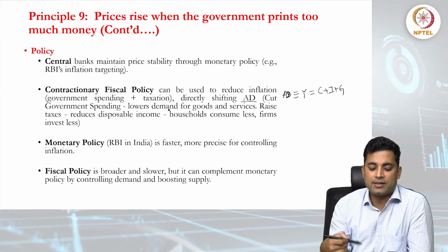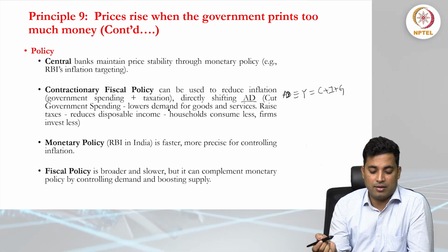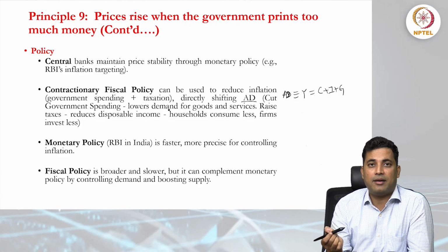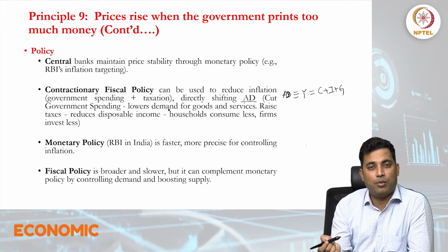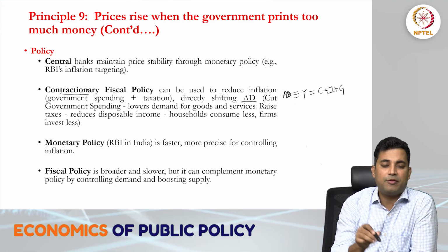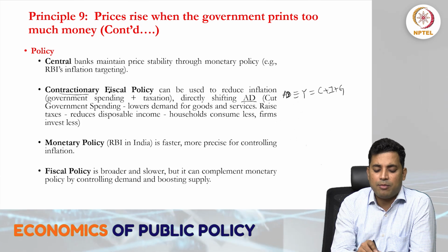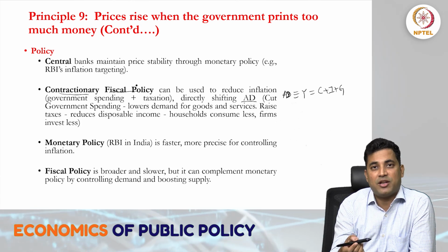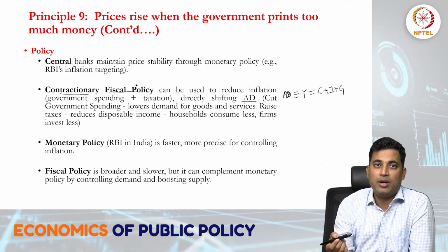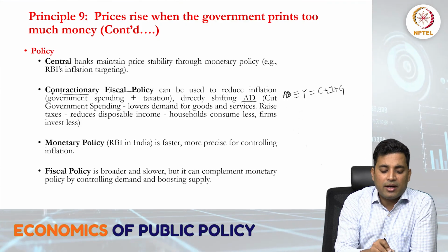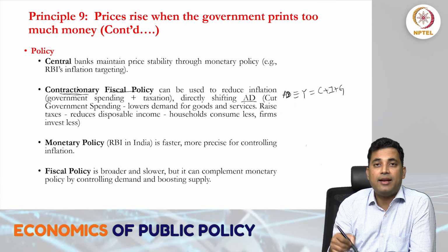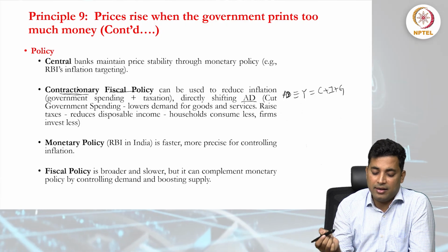When fiscal policy is taken up by the government, let's think about one type, which is contractionary fiscal policy. We also have expansionary fiscal policy, where the government spends more and reduces taxes. So we are taking the example of contractionary fiscal policy and its impact on aggregate demand.